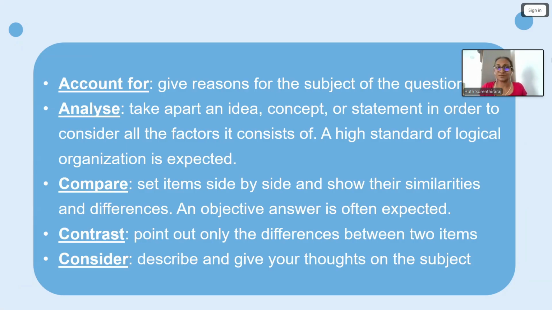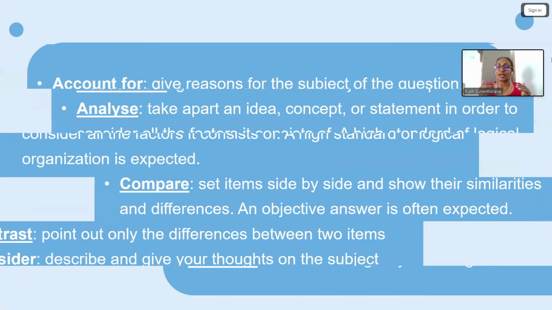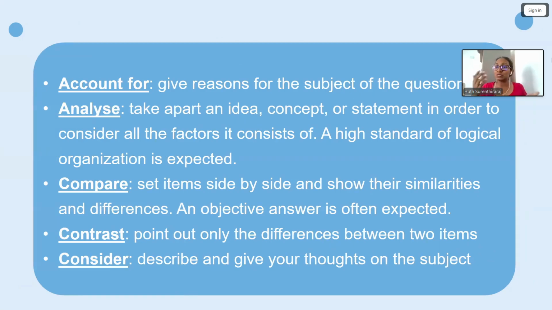Compare, you already know, we set 2 or 3 things side by side, and we want to show either similarities or differences. Often when somebody says compare and contrast, they expect you to give an objective answer. That means you evaluate both sides and say, okay, so this, because it has more benefits, is the better option, right?